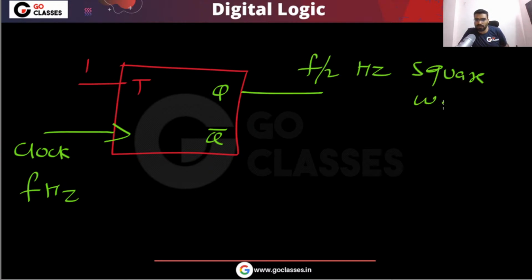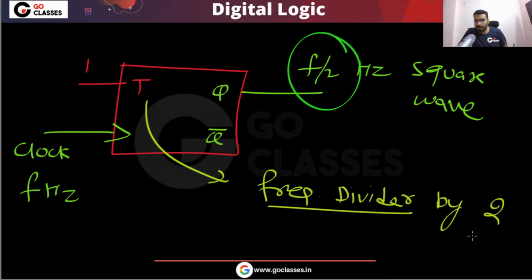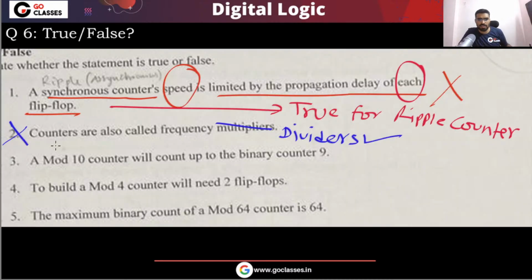That is the reason a T flip-flop is called a frequency divider, a frequency divider by 2. So the statement that counters are called frequency multipliers is wrong. Actually, these are called frequency dividers.